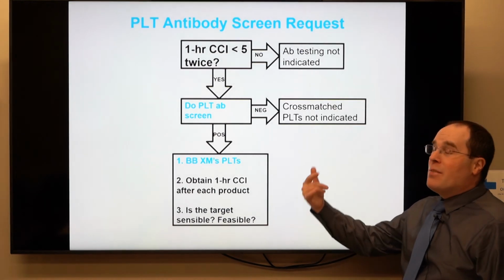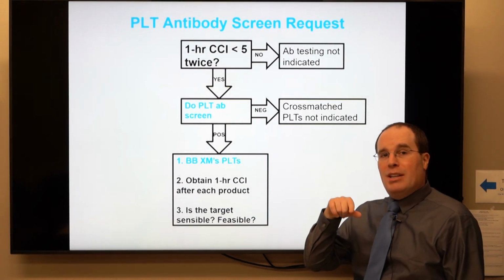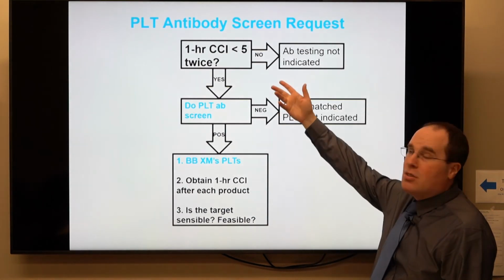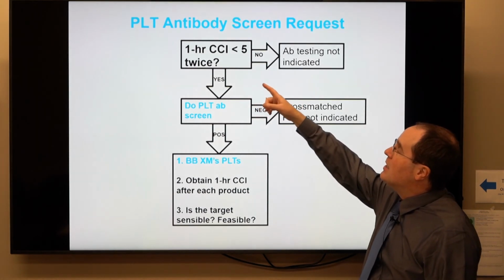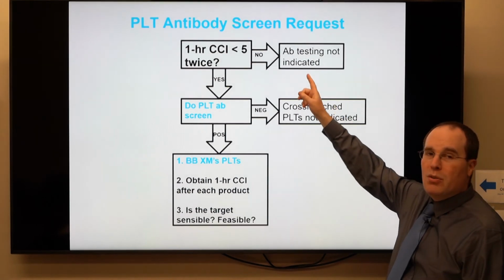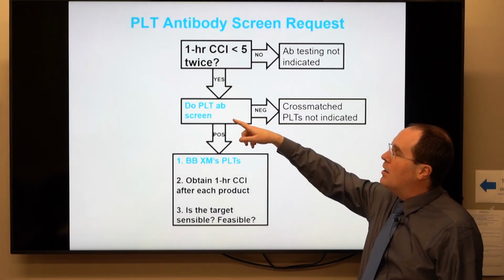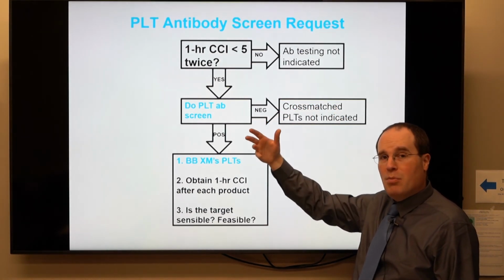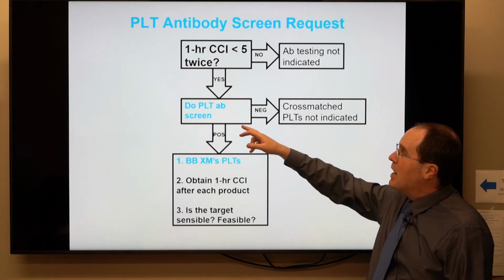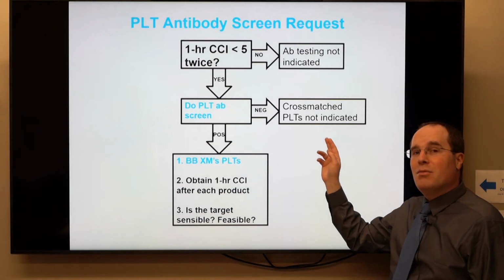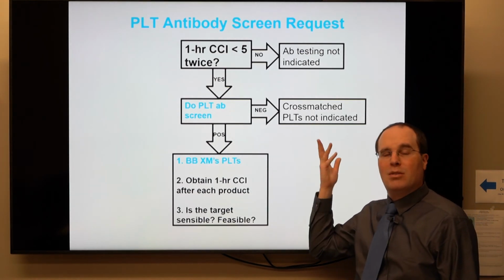And on the other hand, if we were to use the platelet antibody screen and platelet crossmatch, that method just kind of starts and ends the same, but in the middle is different. We look at the CCIs. If they're okay, we don't need to do further testing, at least from the blood bank special products point of view. If they're bad CCIs, we'll do the platelet antibody screen. If that turns out to be negative, then we don't continue. We don't have to do the crossmatch.